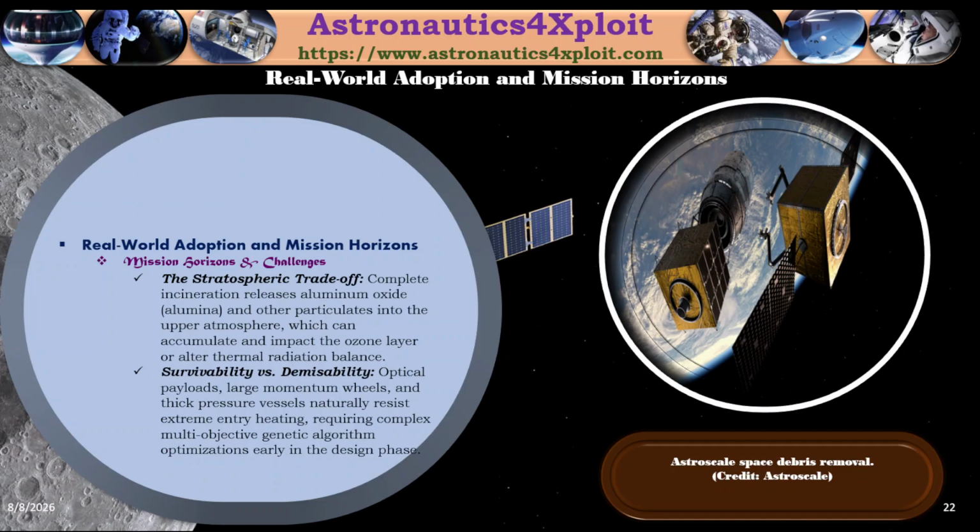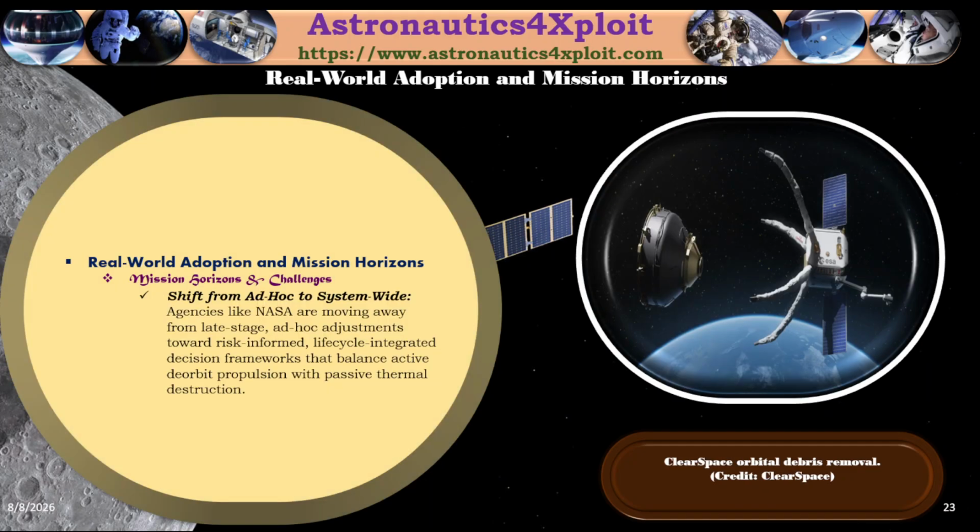Mission horizons and challenges, such as the stratospheric trade-off and survivability versus demisability. Optical payloads, large momentum wheels, and thick pressure vessels naturally resist extreme entry heating, requiring a complex multi-objective genetic algorithm. Astroscale space debris removal is shown in this picture.